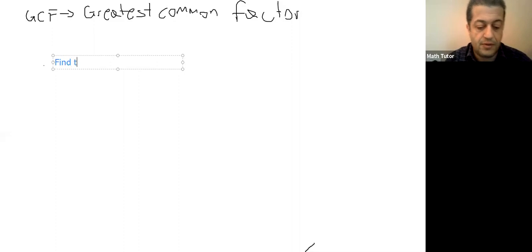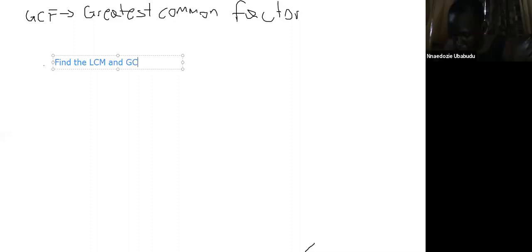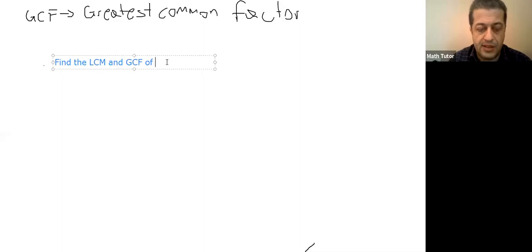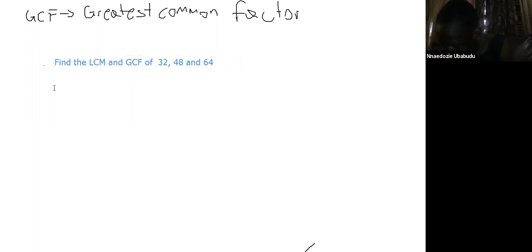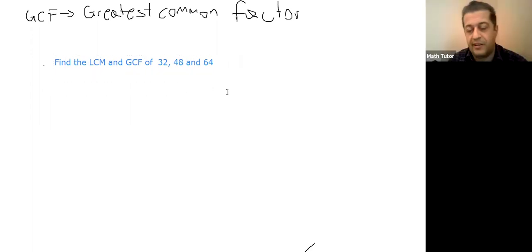Find the least common multiple and greatest common factor of, let's take 30, 48 and 64. Let's work in parallel. You work in your notebook and I work here, and we will compare the results later.